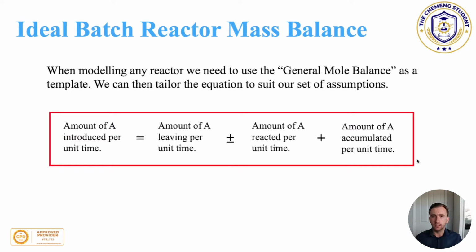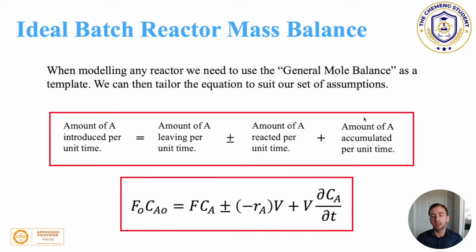The general mole balance is simply saying that the amount of component A, so we use a reference component, the amount of component A that's introduced per unit time must be equal to the amount that leaves, plus or minus, depending on where your reference component lies, if it's a reactant or a product, the amount of A that reacts per unit time and the amount that is accumulated per unit time.